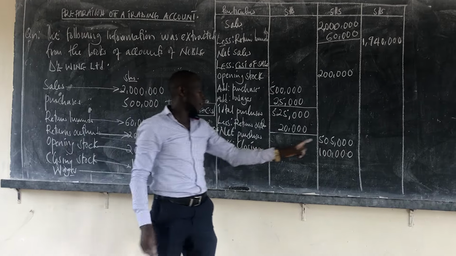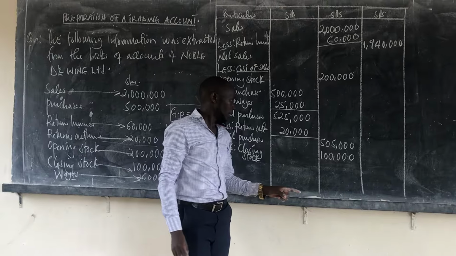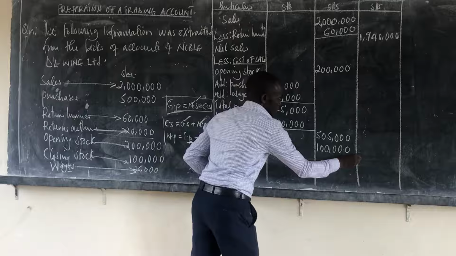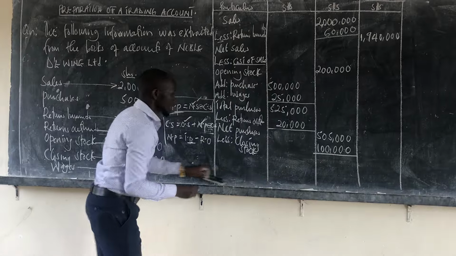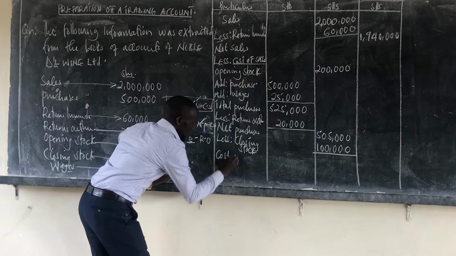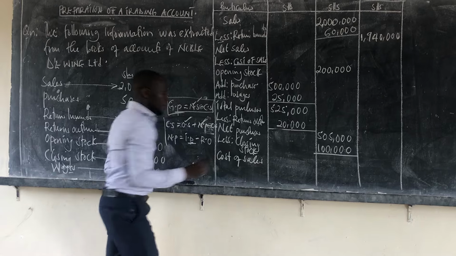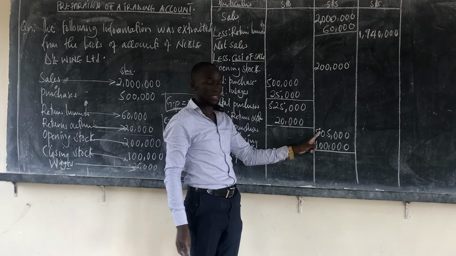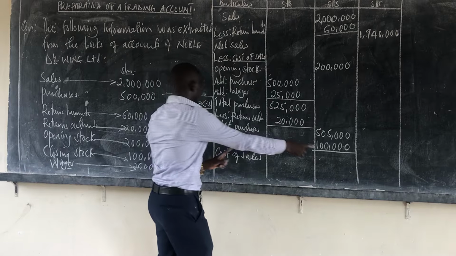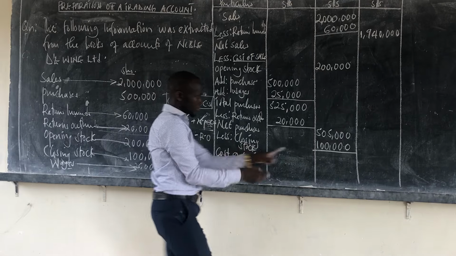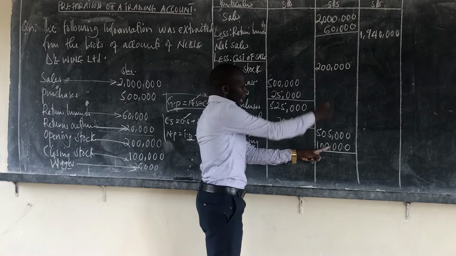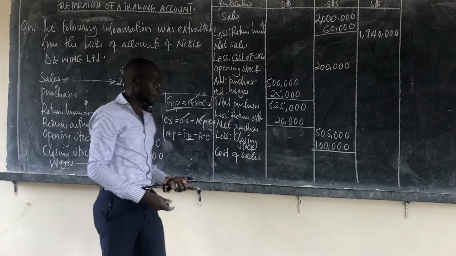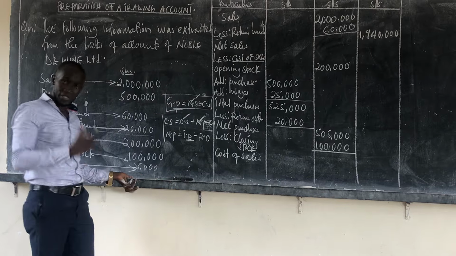As if you have 505,000 and you have now 100,000 subtracted from it, you actually remain with a value called cost of sales. Remember, cost of sales is opening stock plus net purchases, which is this. Then minus the closing stock, which closing stock now is this. So this addition of the two and subtraction of this gives you what we call the cost of sales.